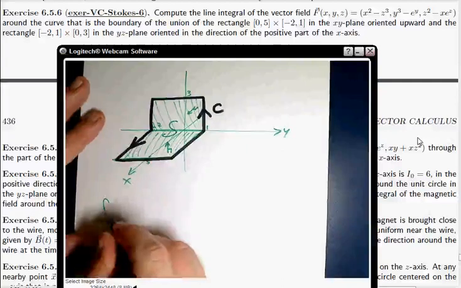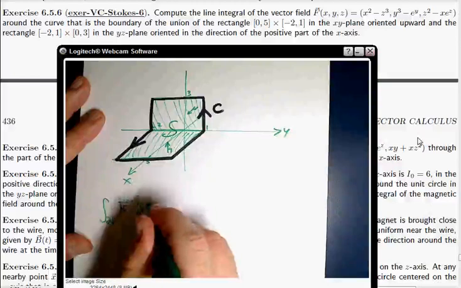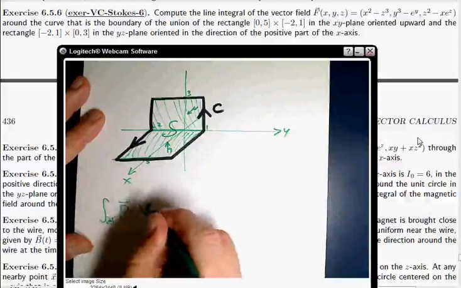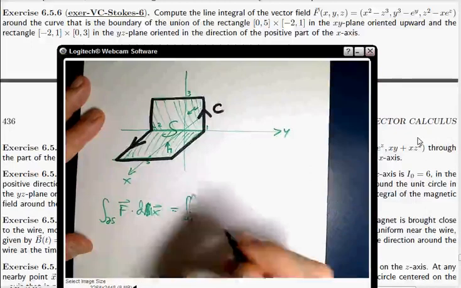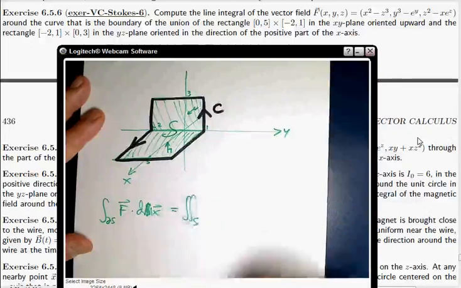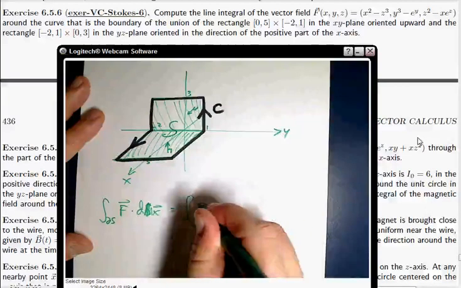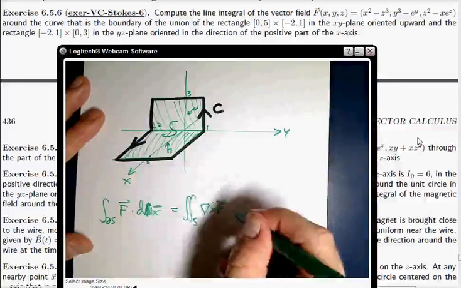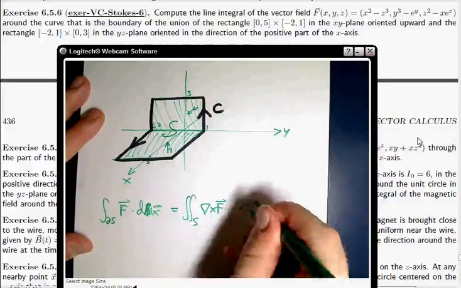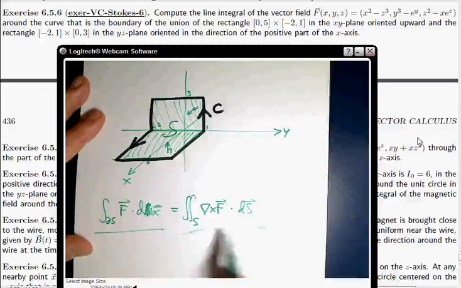And so over the boundary of S, the line integral of f dot dx, we want to compute instead the flux through that surface of the curl of f dot dS.